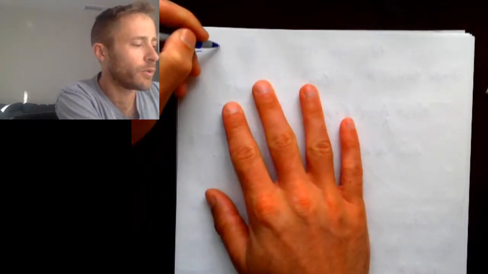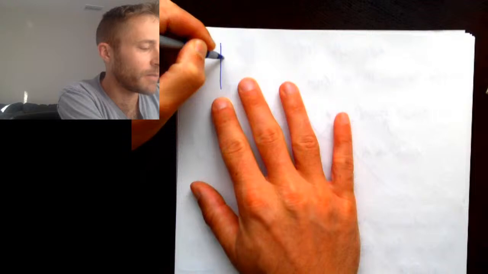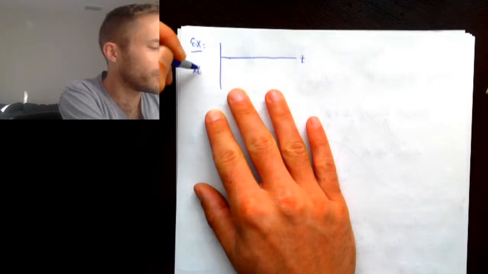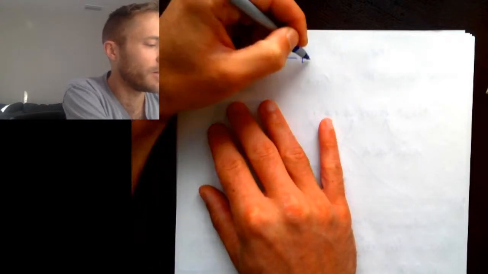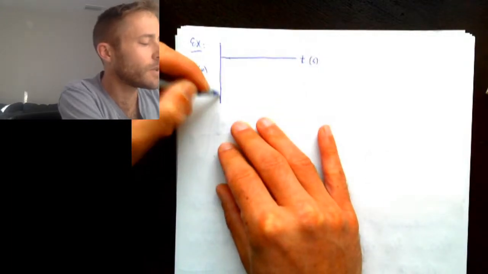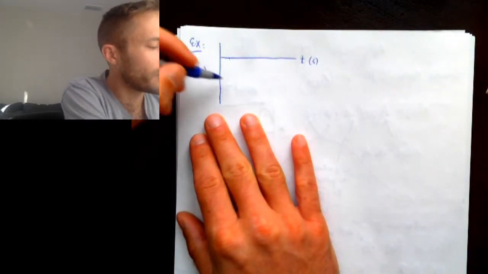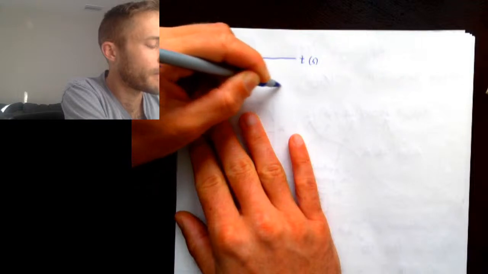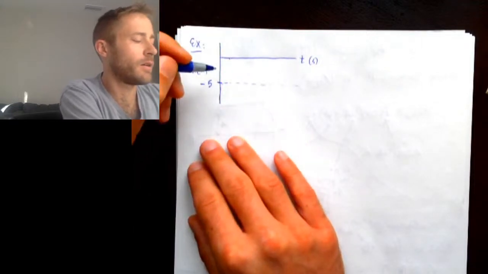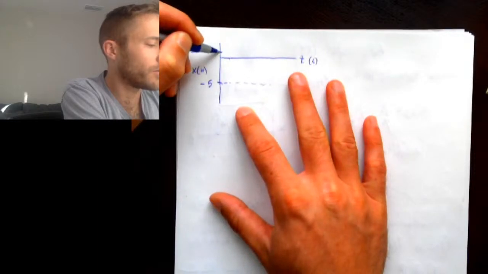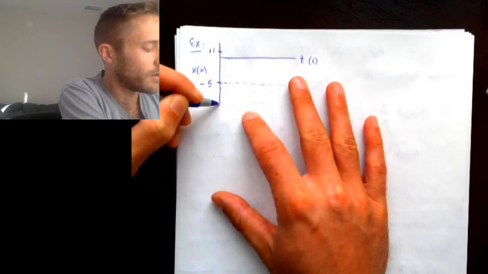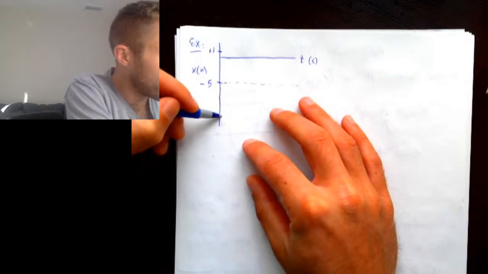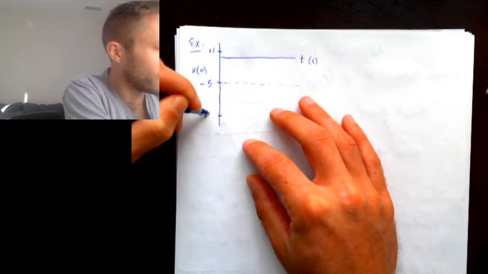So what if I have a position as a function of time? Here's position in meters and time in seconds. Let's say this is -5, this is +1, and this is -11.